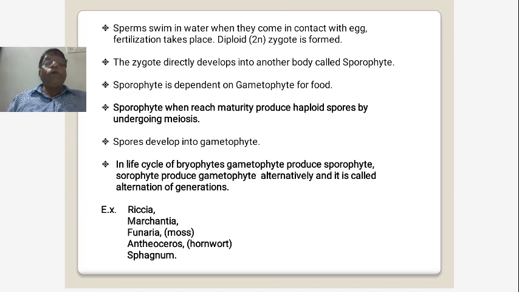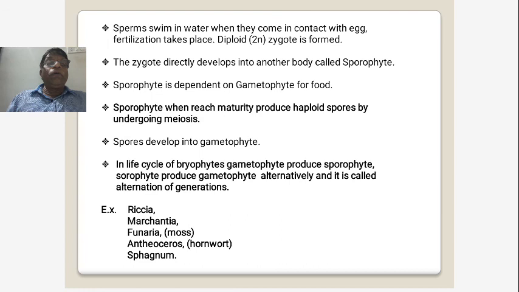The sporophyte is always dependent on the gametophyte for food. The sporophyte, when it reaches maturity, produces the capsule.